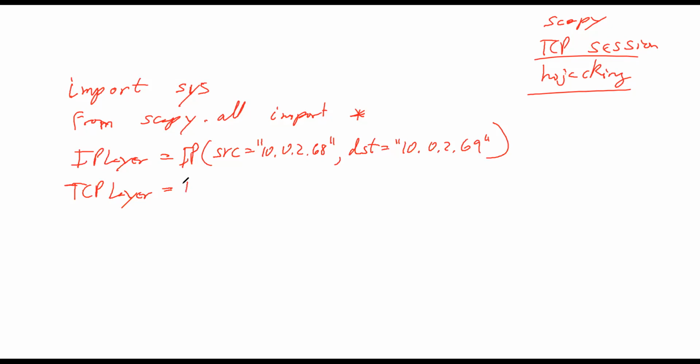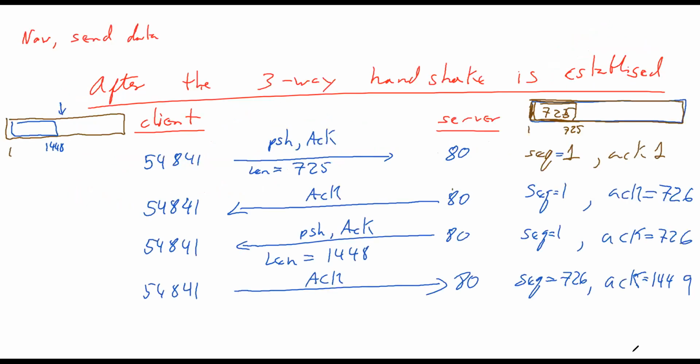So here we have TCP, and now it's going to be the source port. Remember, this is going from client to server, right? Client to server. So the source port is whatever we were using. I can't remember. 54841.